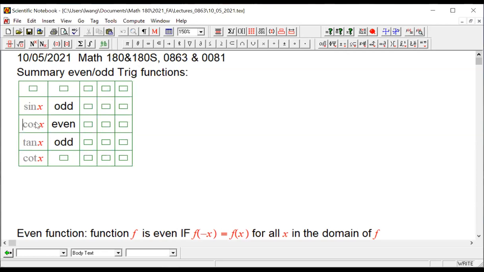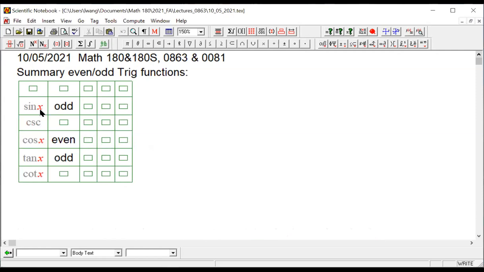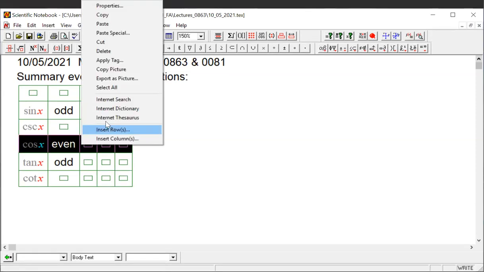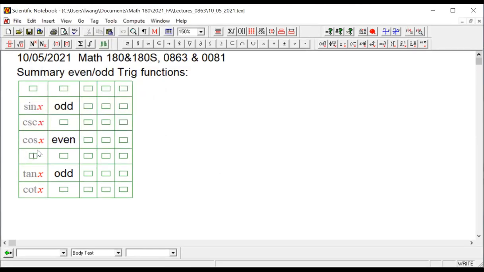And next, I want you to summarize even odd about cosecant and secant. And you also need to write down that algebraic form.